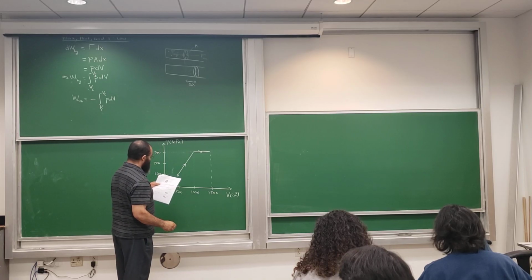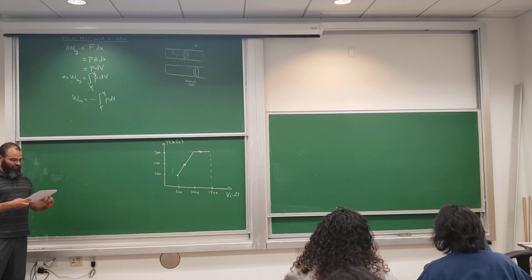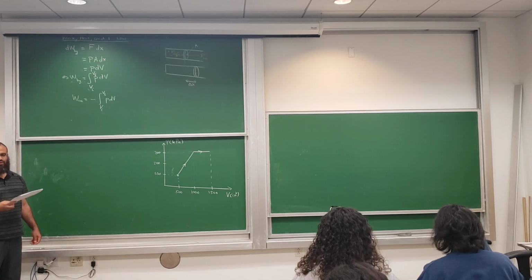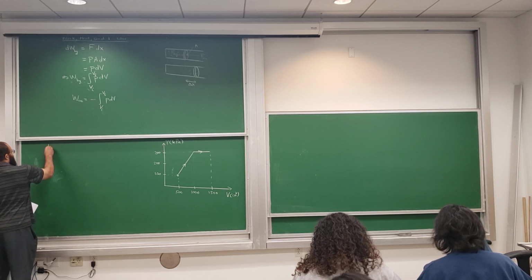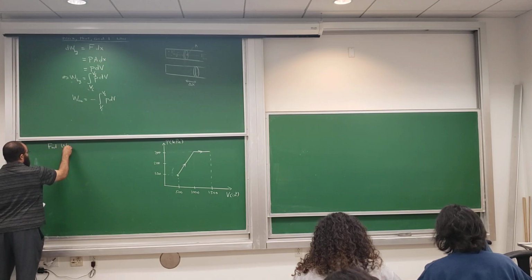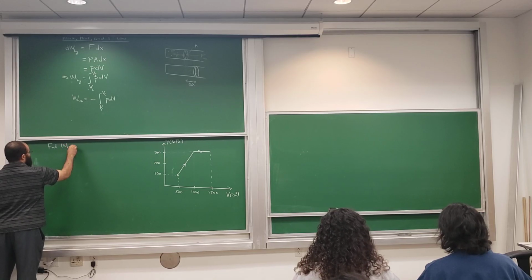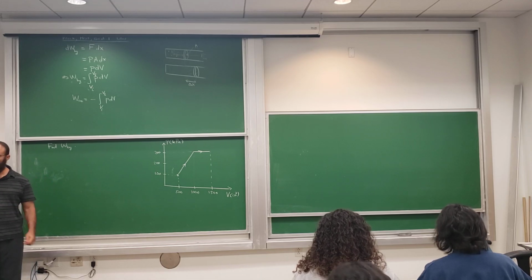The question is, what's the work done? Let's say the work done by the gas first. Let's find W by the gas. The first question is, is it going to be positive, negative, or zero?